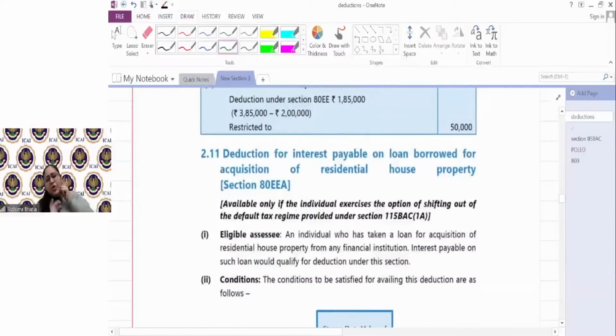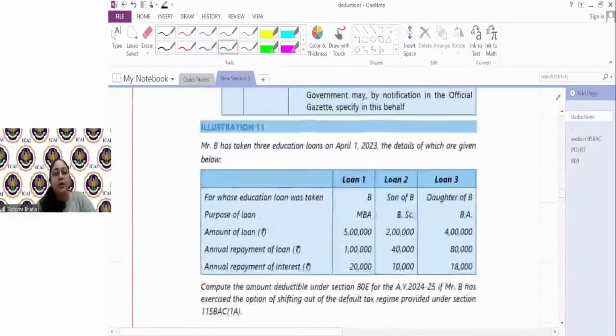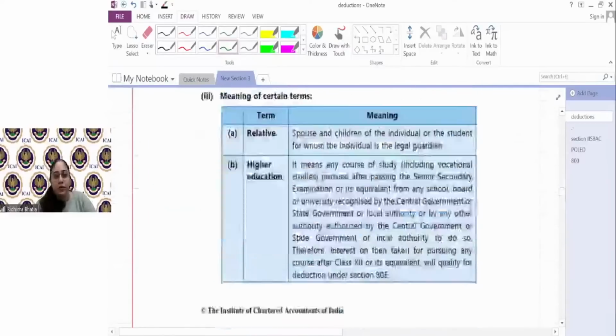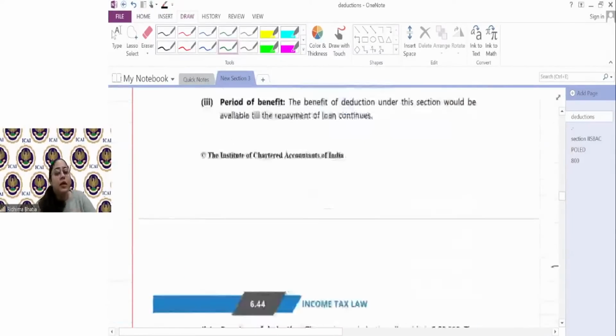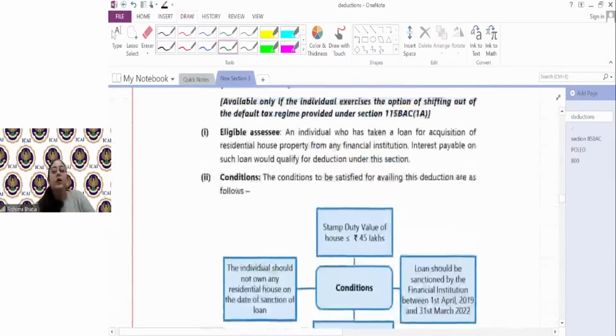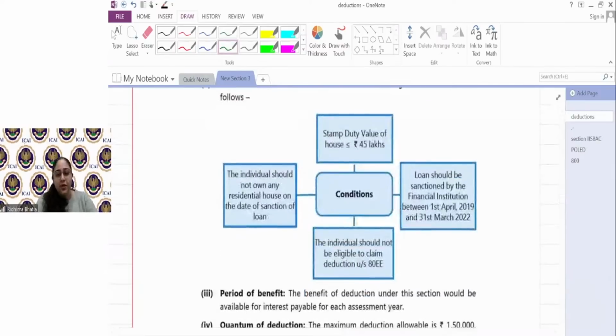In that also the same thing, almost the same aspect, but the loan sanctioning period and the house property period is different. Deduction in respect of loan borrowed for acquisition of residential house property, the same goes on here also. If I talk about 80EEA, it is the same: deduction for interest payable on loan borrowed for acquisition of residential house property by individual. The heading of 80EE is also the same. Here also guys everything is same, but some conditions have changed.